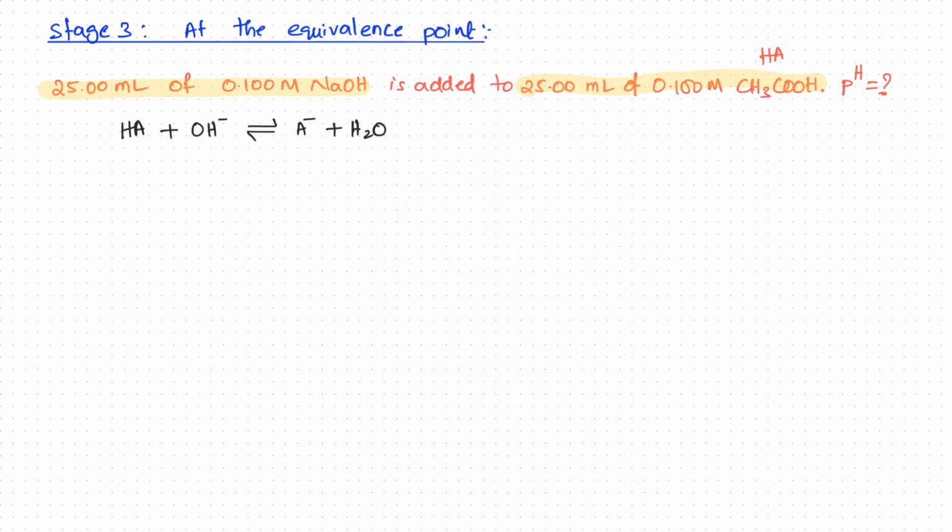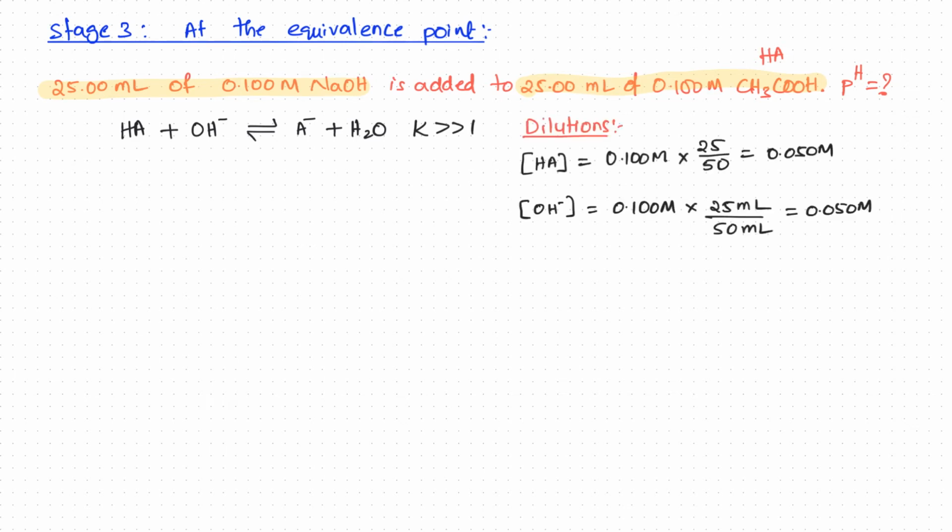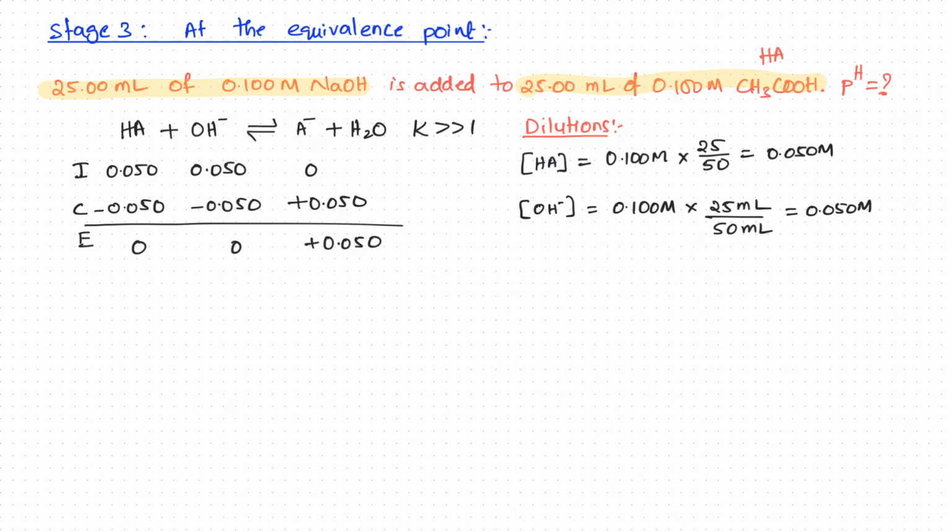Let me write down the equation again. Acetic acid reacts with hydroxide ion to form acetate ion and water with K value greater than 1. We will do the dilution first, and set up an ice chart and calculate the equilibrium concentrations of all species.